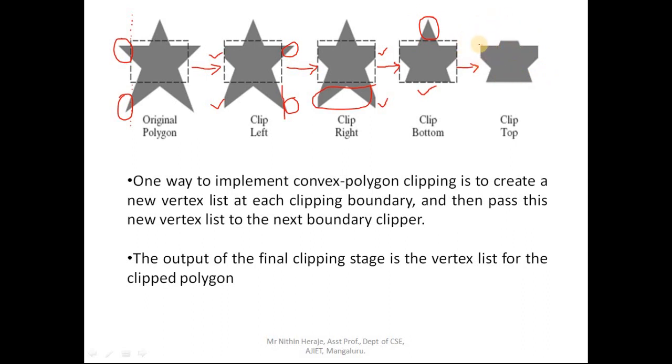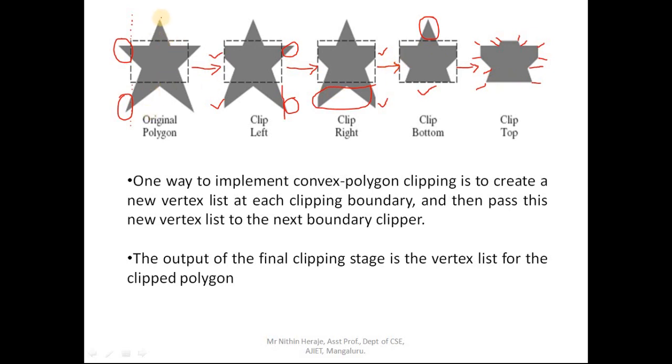And what are the vertices? You are going to get one vertex over here, 2, 3, 4, 5, 6, 7, 8, 9, 10, 11, 12 vertices, which is the clipped polygon.